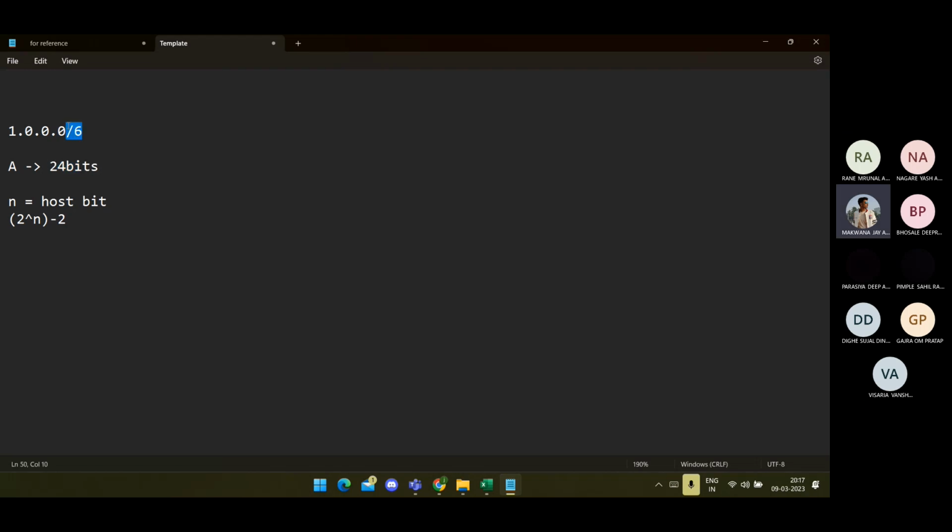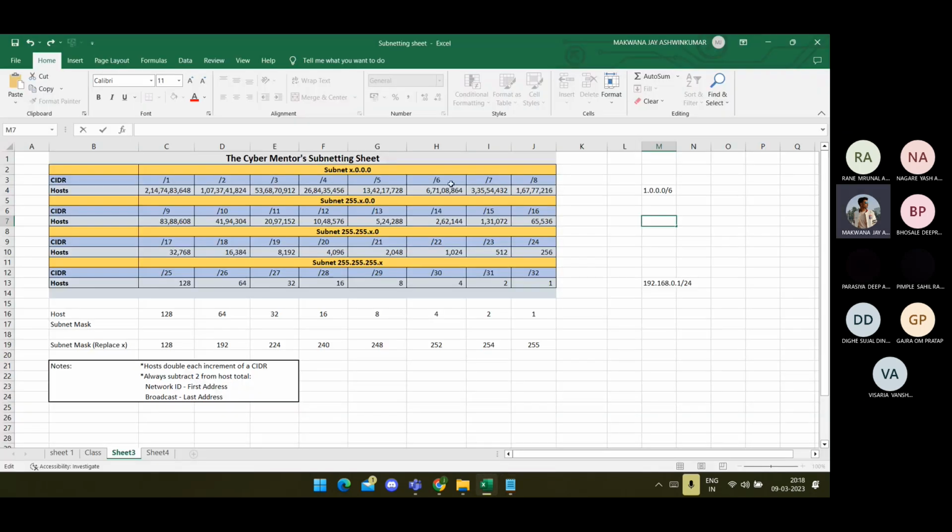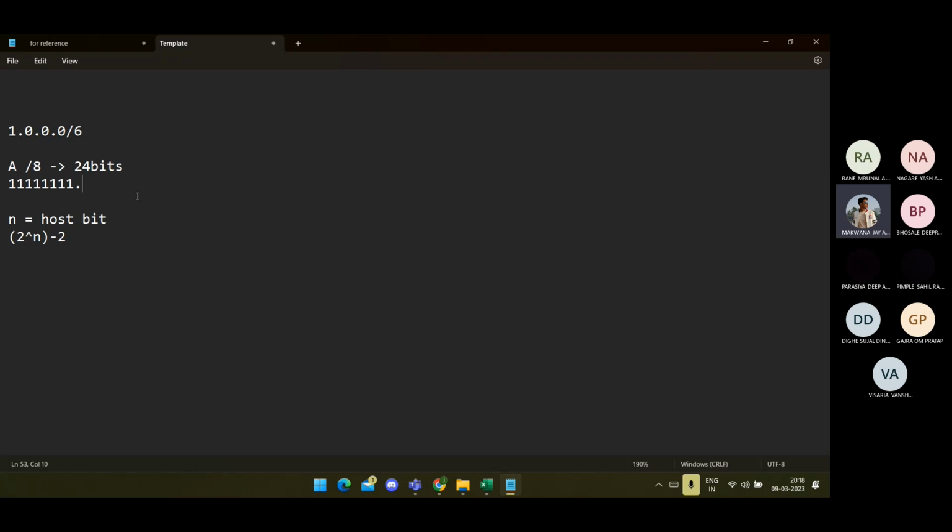But it's not talking about /8. This is for /8. We have to look for /6. How many bits will be available for /6? So again, I will do this: 1, 2, 4, 8. Just a second.